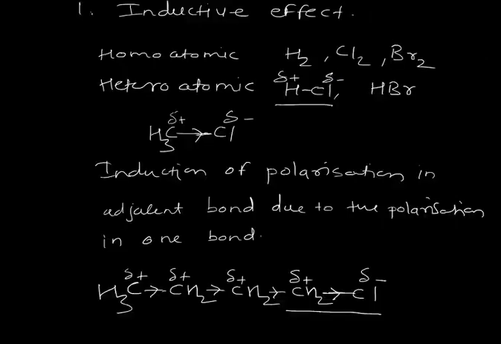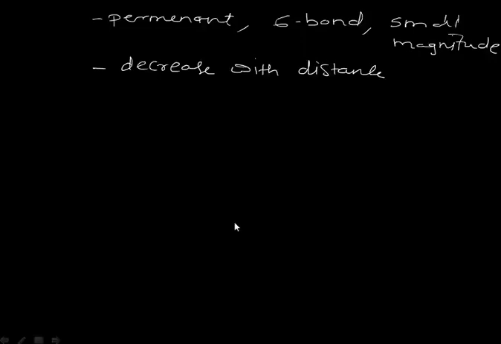Here this carbon is much more electron deficient as compared to the next CH2 carbon, and then the next CH2. This is much more electron deficient, but quite electron rich as compared to the first one, and this is again electron rich. So when the distance increases, the magnitude of this effect decreases.